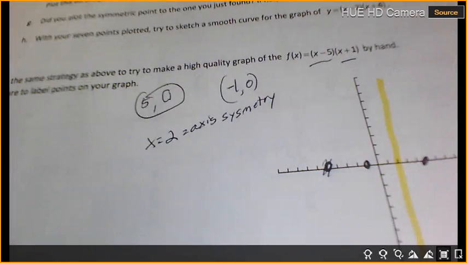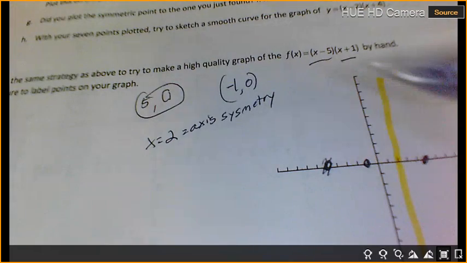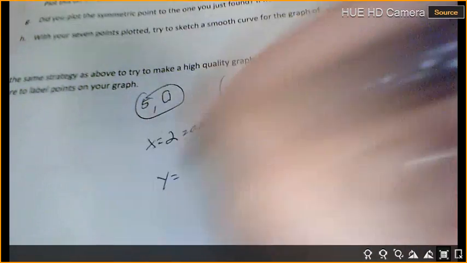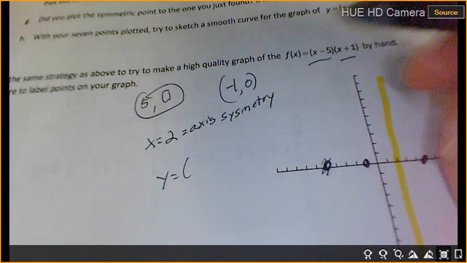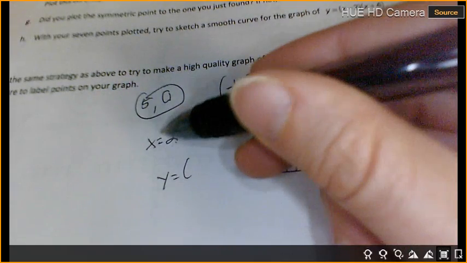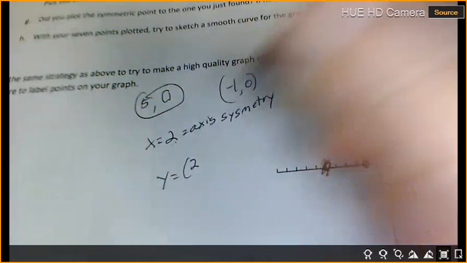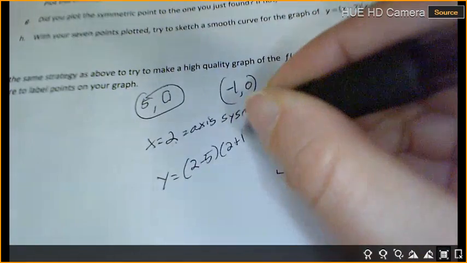Okay, how do I find my vertex, where the bottom of my U is or the top of my N? I've got the axis of symmetry. Now, how do I find the y value? So I've got y equals, not 0, but what's this number right here that I just found? 2. We go (2 minus 5)(2 plus 1). Okay, so step 1, we found our roots.